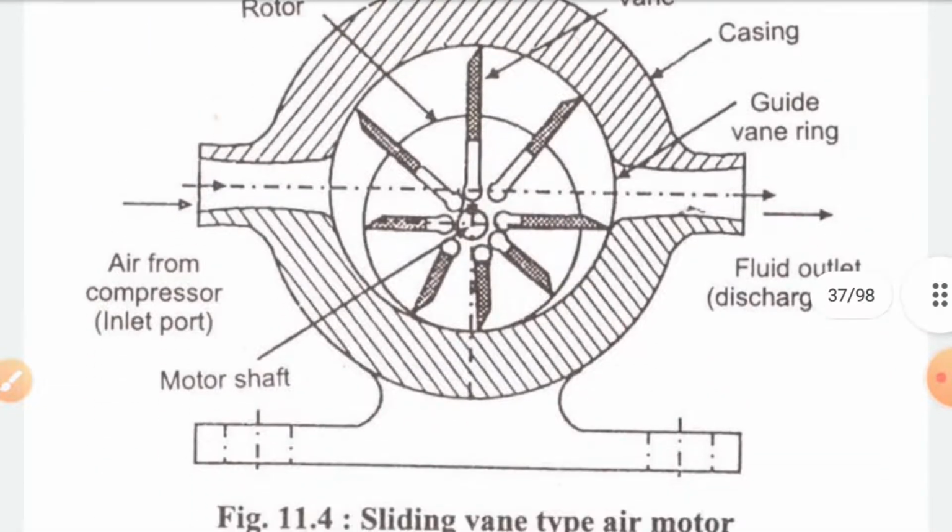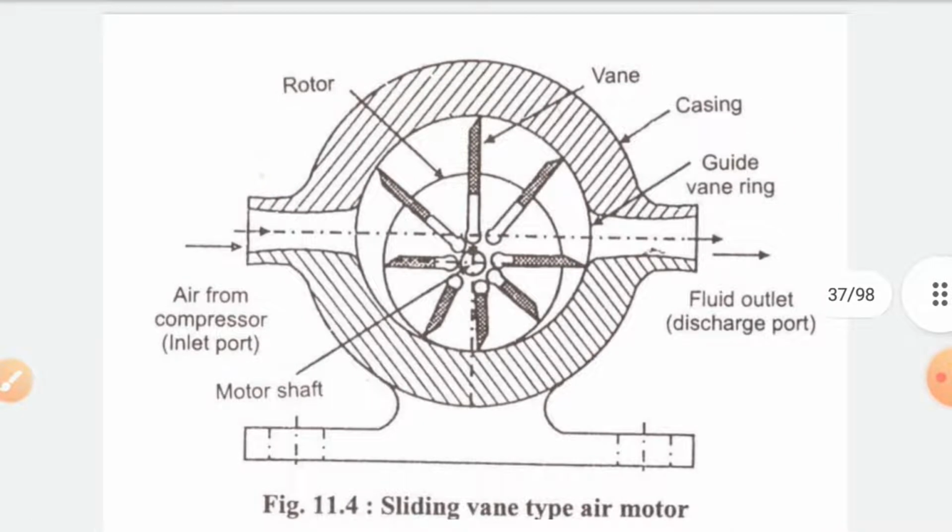The construction of a sliding vane type air motor, all of you see in the figure. A sliding vane type air motor consists of vanes, casing, guide vane, ring, fluid outlet, discharge port, motor shaft, air from compressor inlet port, and rotor.